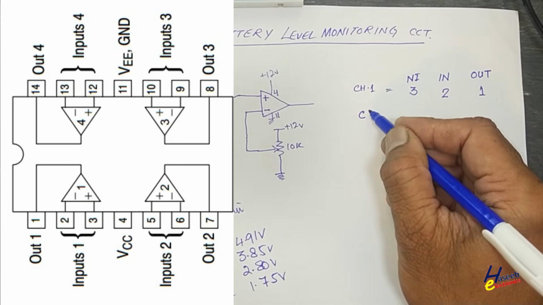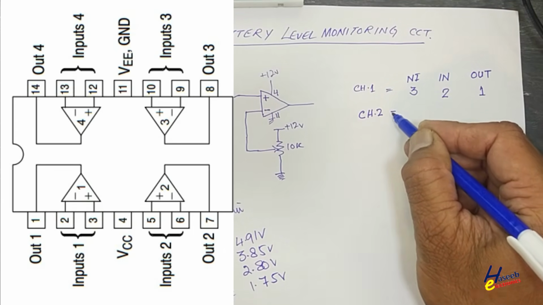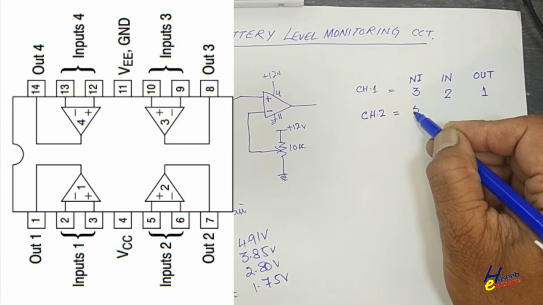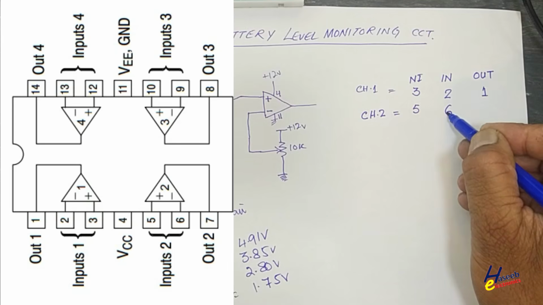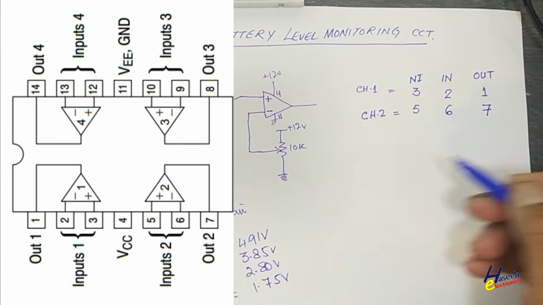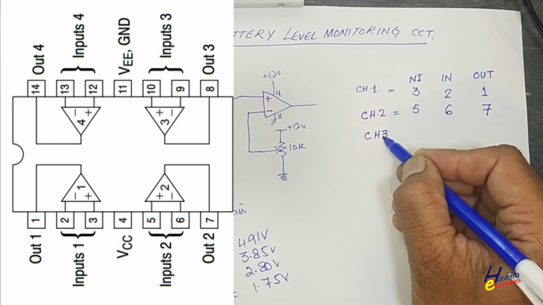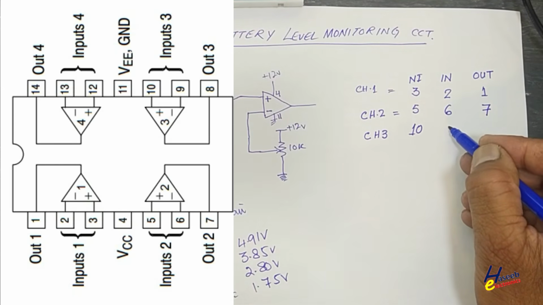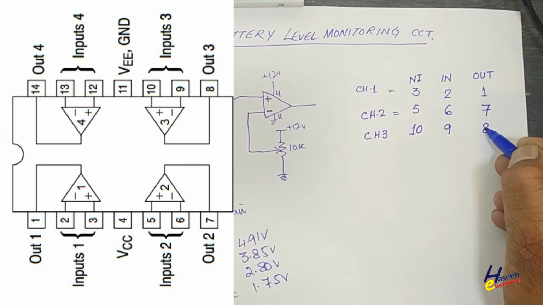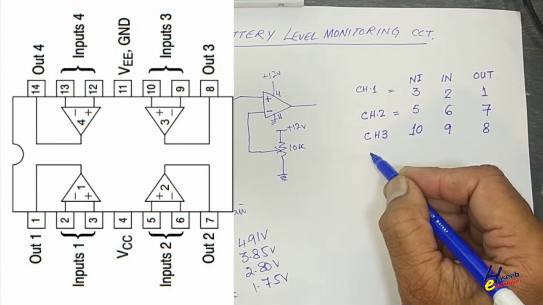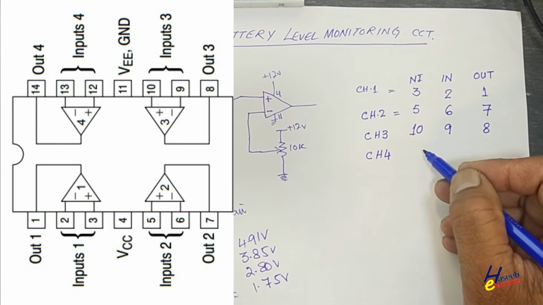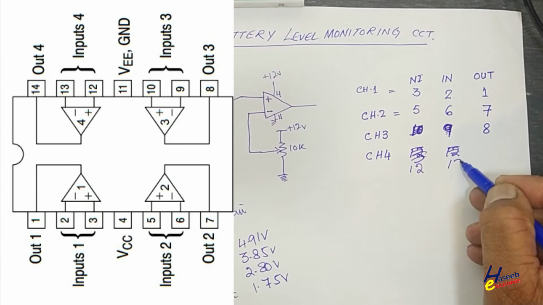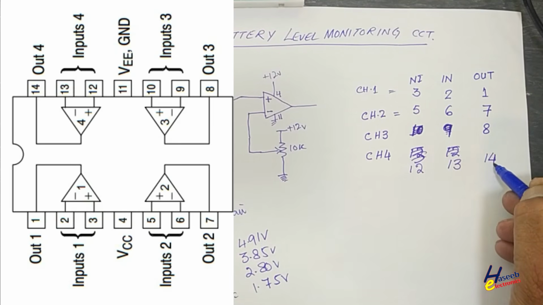If we are using second channel, operational amplifier number 2, pin number 5 non-inverting, pin number 6 inverting, pin number 7 output. Channel number 3, pin number 10 non-inverting, pin number 9 inverting, pin number 8 output. Channel 4, pin number 12 non-inverting, pin number 13 inverting, pin number 14 is output.